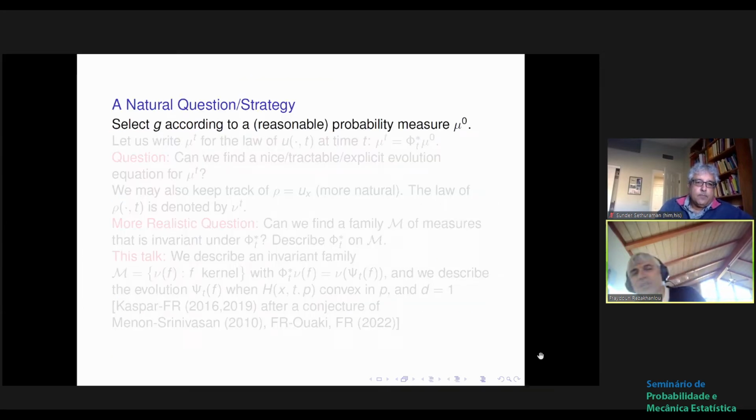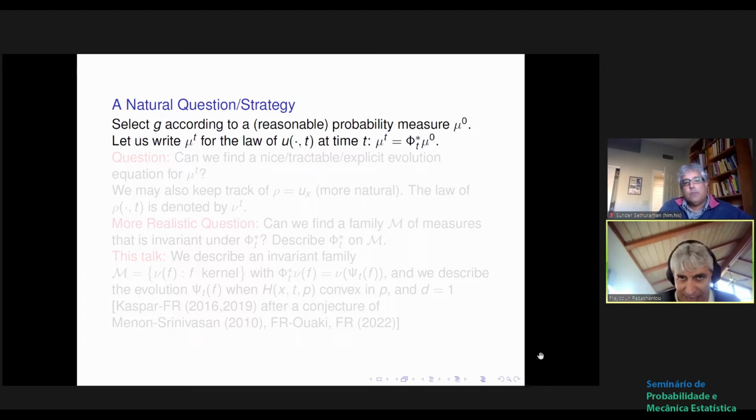So a natural strategy for studying such models is that you select the initial condition randomly according to some probability measure. Then the profile at a later time is random and it has a law, and that law is denoted by mu t.